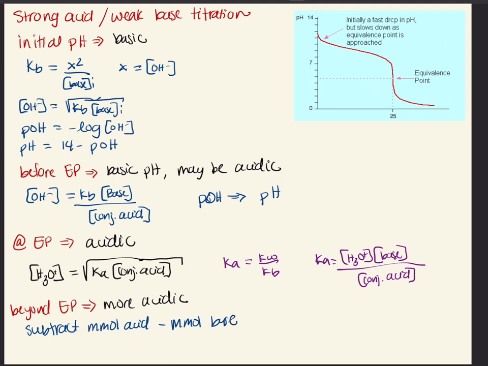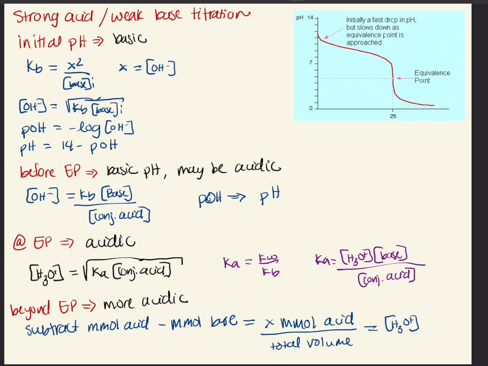And then that will give you your excess millimoles of your acid. Then you can divide that by your total volume. And remember, since this is a strong acid, that will give you the concentration of hydronium ion. As soon as you have your concentration of hydronium ion, you can solve for pH.